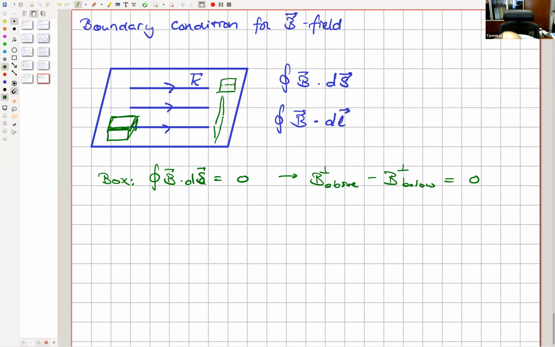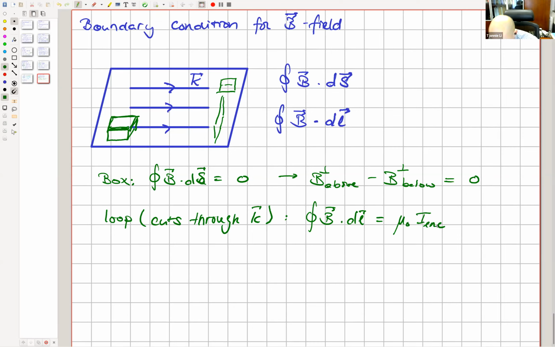Now, we can use Ampere's law to get the right answer. So now the loop, which just cuts through the current, in which case the integral is simply mu naught times I enclosed.